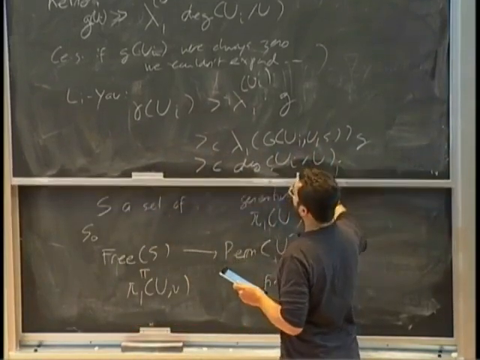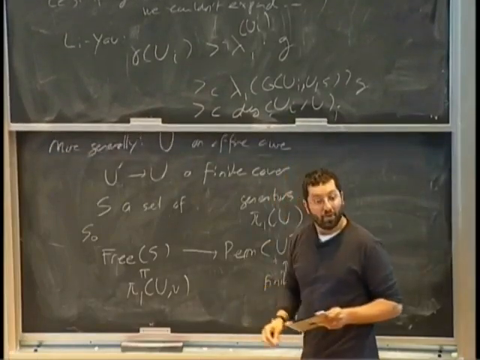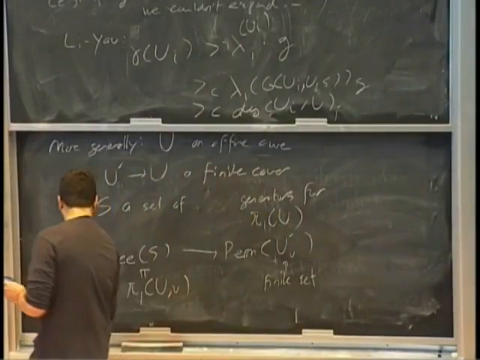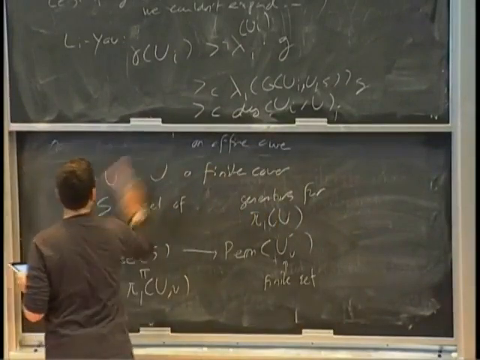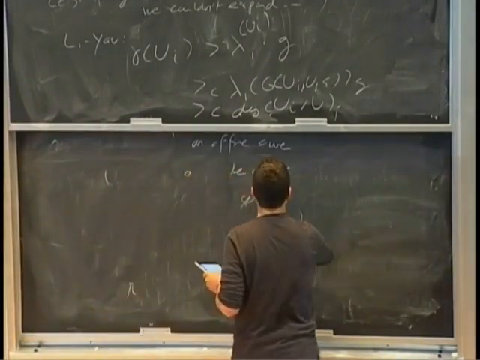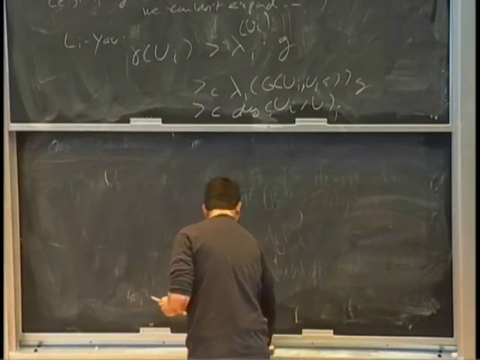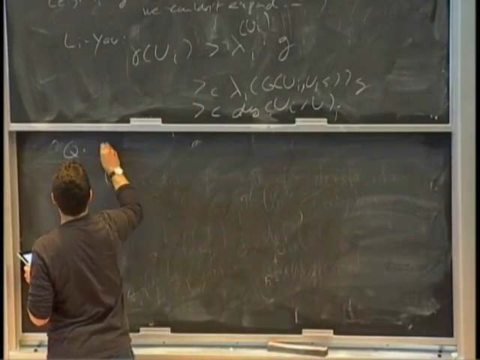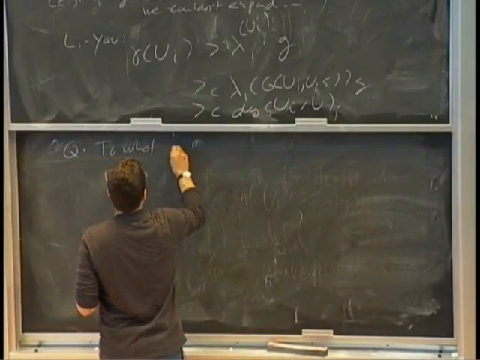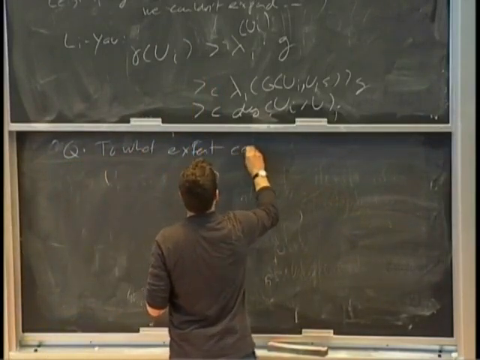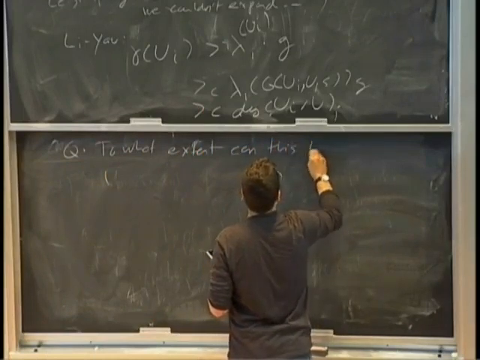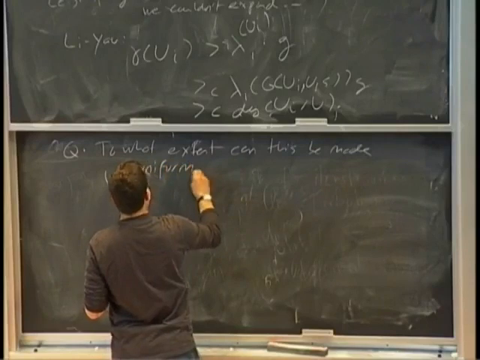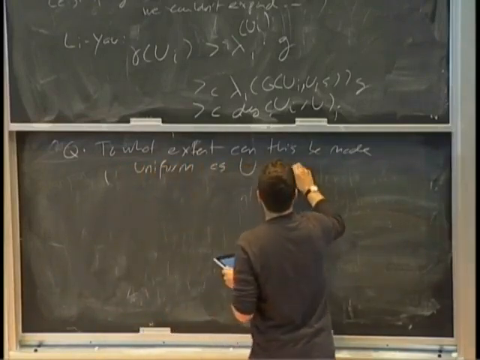So 2 comments. One thing we really don't understand is the dependence on the base curve u. So I'll just write this as a question. To what extent can this be made uniform as u varies?